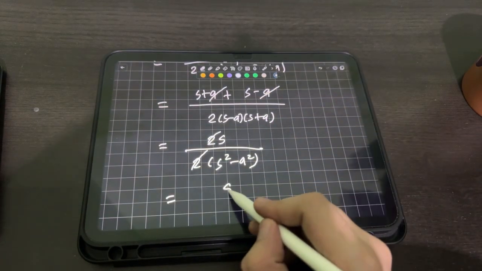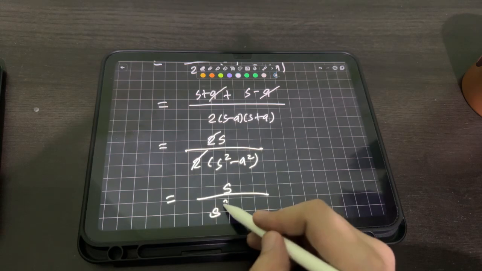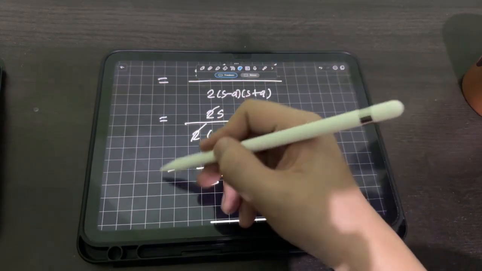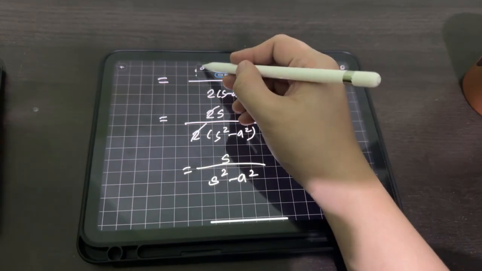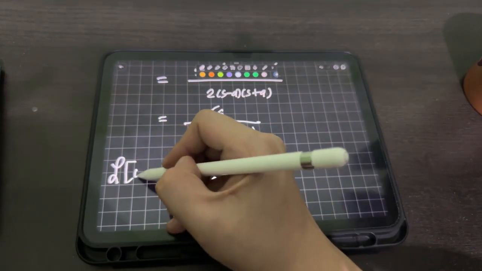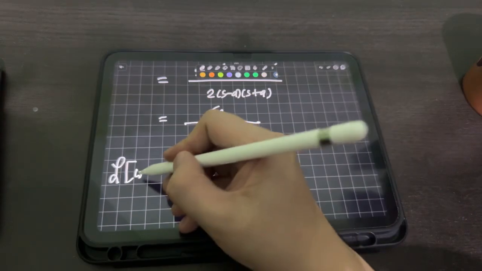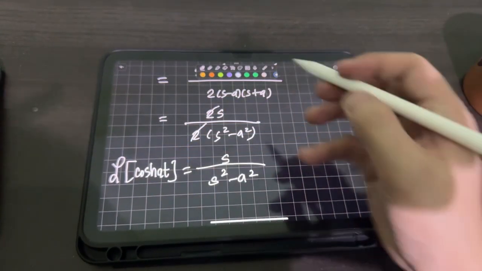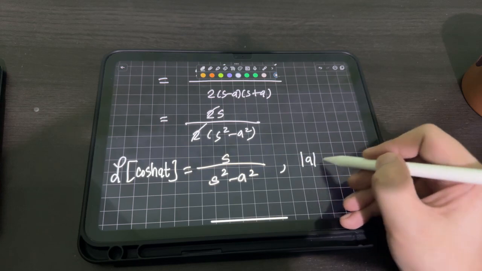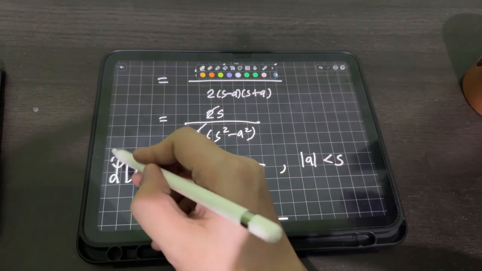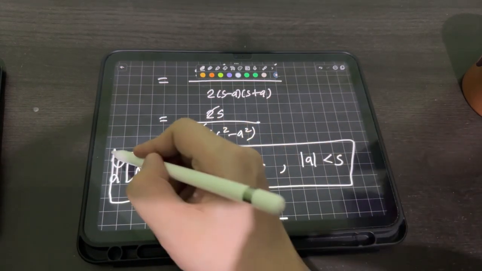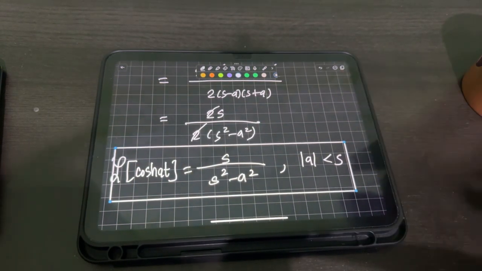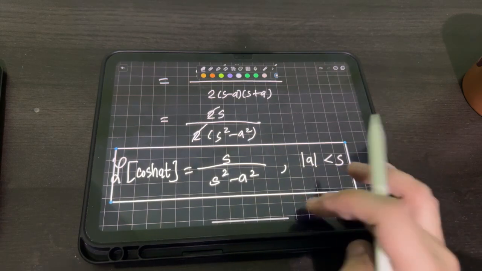The final answer is s over s square minus a square. So this is the Laplace transform of cos at, provided that absolute value of a is less than s. So another standard Laplace transform formula. Okay.